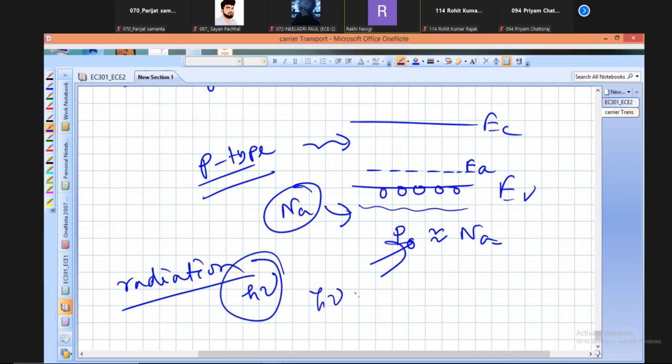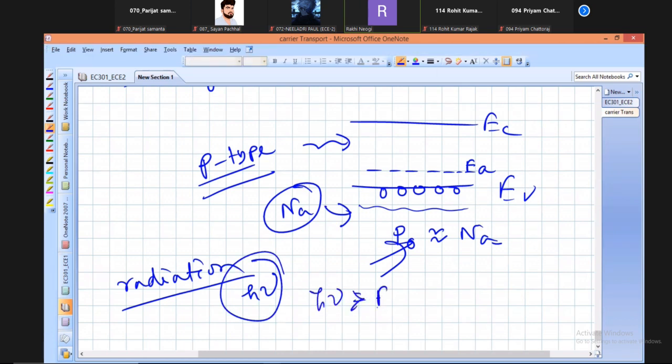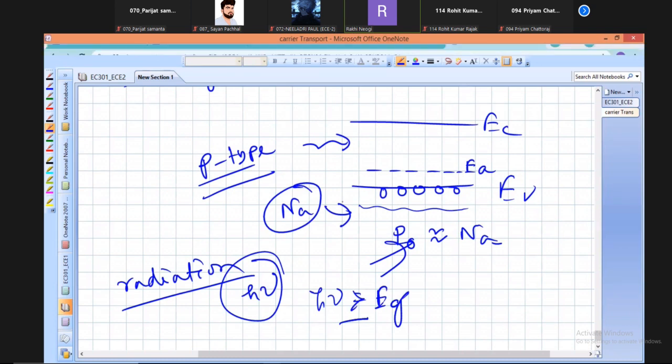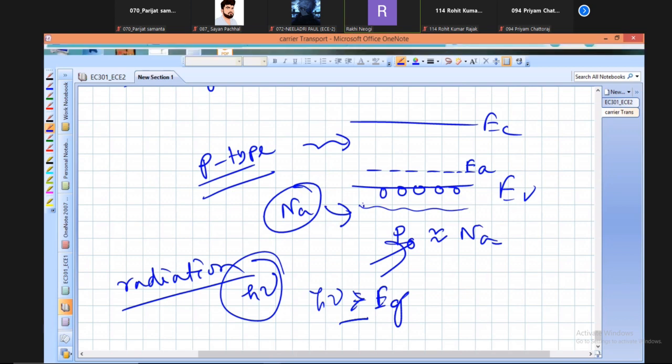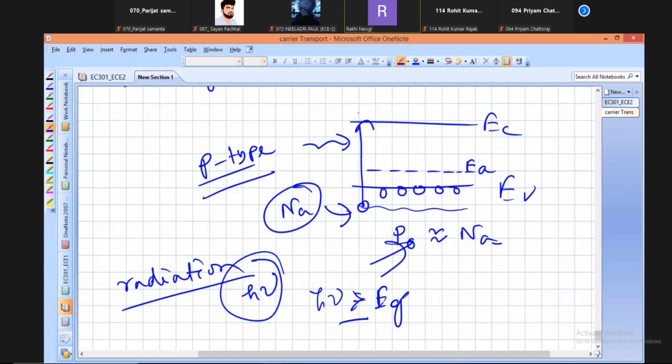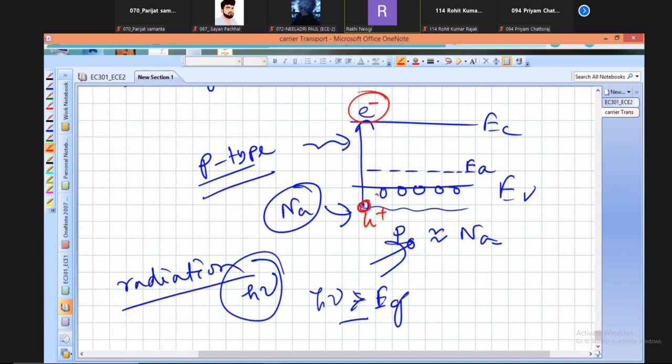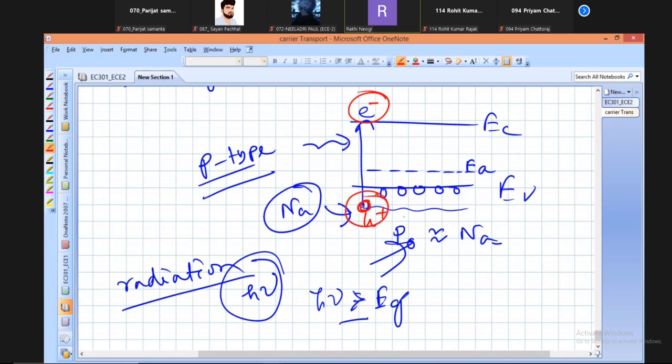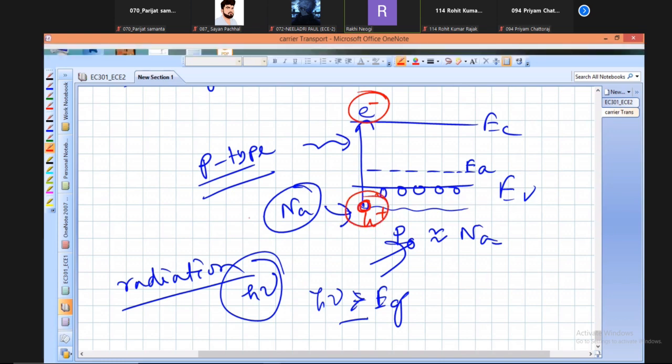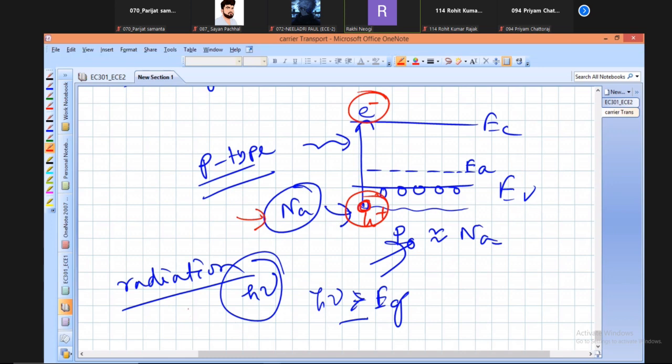If hν is equal to or greater than Eg, then what will happen? Some of the electrons already in covalent bond formation will absorb the energy. They will make the transition from the valence band to the conduction band, due to which electrons will be created there and holes will be created in the valence band. These electrons and holes created here are due to the radiation, not due to the contribution of Na.